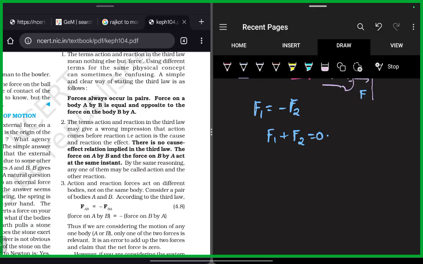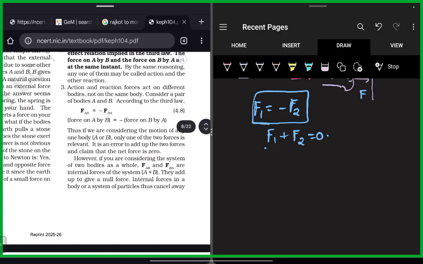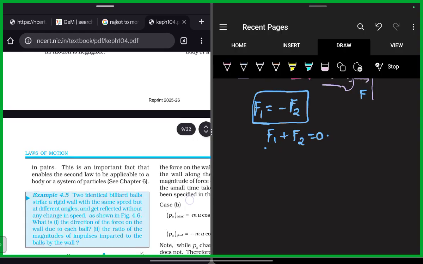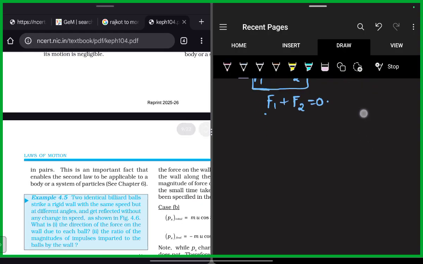Okay, we already discussed this, right? Two identical billiard balls strike a rigid wall with the same speed but at different angles.